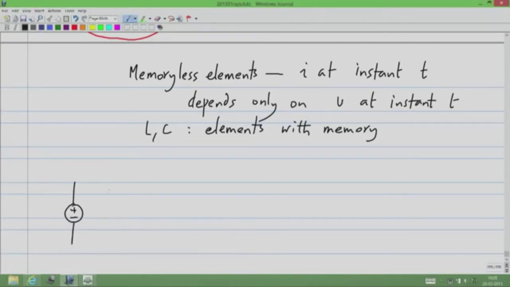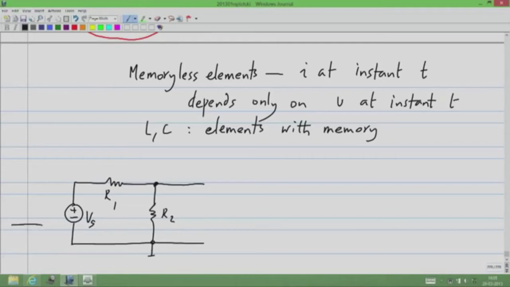So let me take a circuit that we are all familiar with, a resistive divider. Okay, now let's say I call this Vs and the voltage is 0. Okay, what will be the output voltage? Please try to answer this. What is the output voltage? When I say output, in this case I have defined the output to be this particular voltage. Okay, what is that voltage going to be?